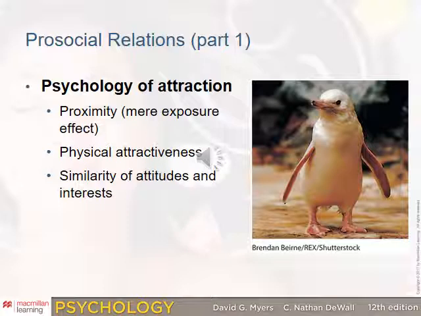Physical attractiveness affects our first impression, and predicts frequency of dating and popularity. Because proximity gives us the contact, the beauty or the attractiveness will actually predict how often people date, how successful they will be.